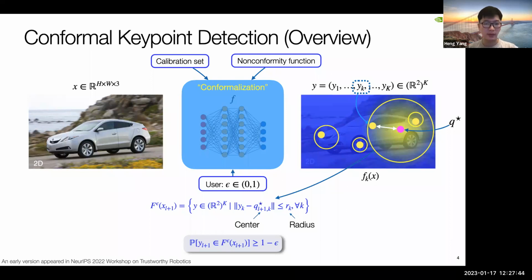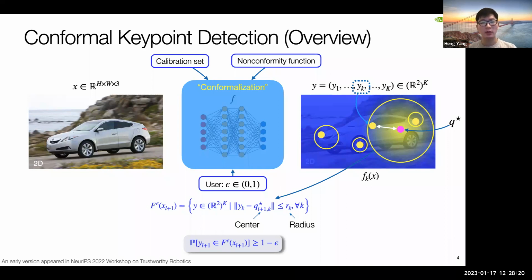In fact, in the experimental results I'll show you later, they're going to be pretty close to 1 minus epsilon. For example, if your expected confidence is 90%, then the empirical coverage will be, for example, 88% or 92%, but not 70%, not too far from the expected 90%. And you will be able to quantify how large that deviation will be by using the distribution of the empirical coverage. That's the theoretical probabilistic guarantee that we'll be able to make from this conformal keypoint detection.